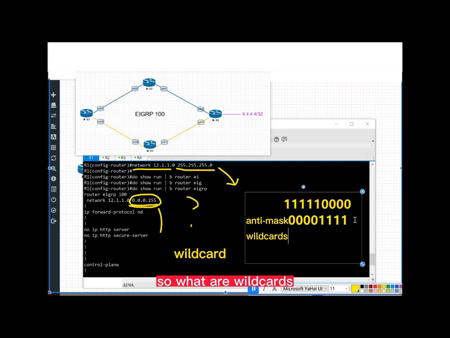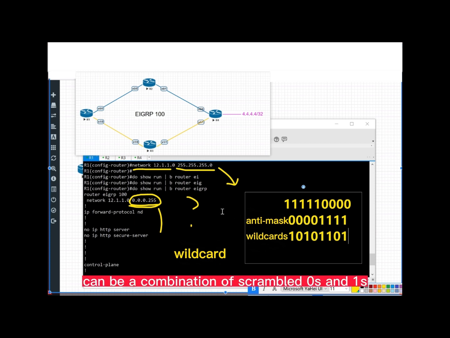So what are wildcards? At the NP stage, this thing will be the focus. Wildcards can be shuffled. It is a mask that can jump. A wildcard mask can be a combination of scrambled 0s and 1s. 0 means an exact match, and 1 represents random. Here it is actually a wildcard, but at this stage you can understand it as an anti-mask.